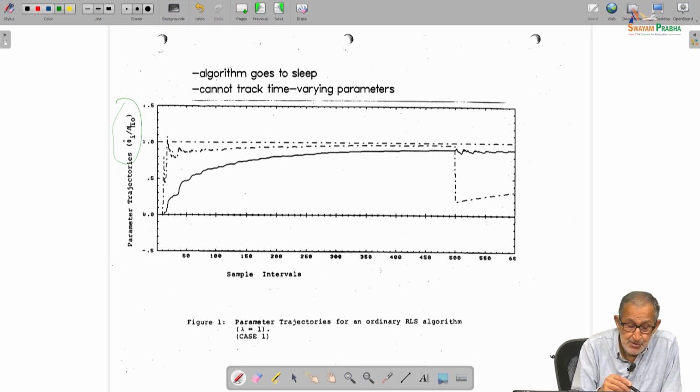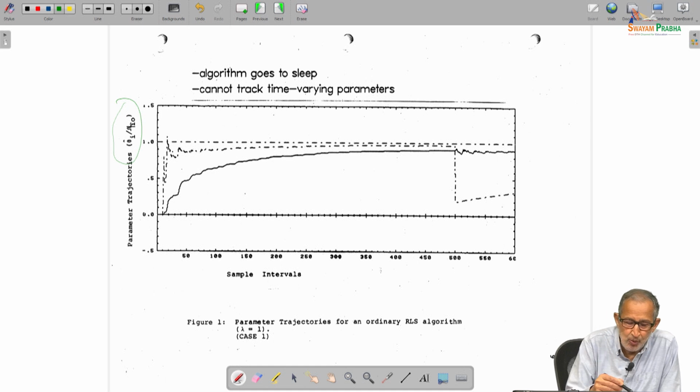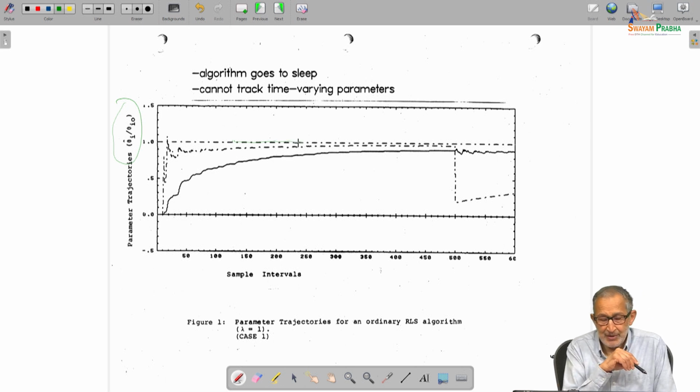Ideally, if the estimation is going to be perfect, you want these values to go to the number 1 as soon as possible, but that's not the case.